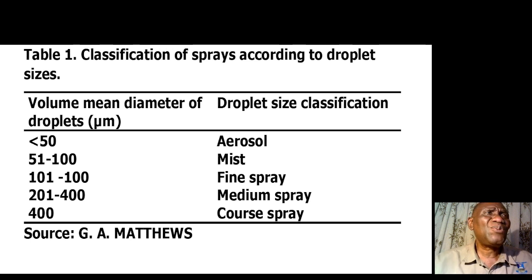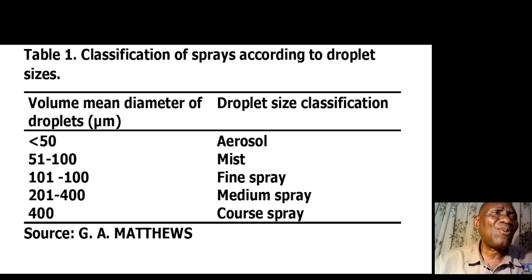Then we have got 201 up to 400 micrometers. This is medium spray. Probably this is fairly stable, and a very stable droplet size which is around 400 micrometers. This is coarse spray.